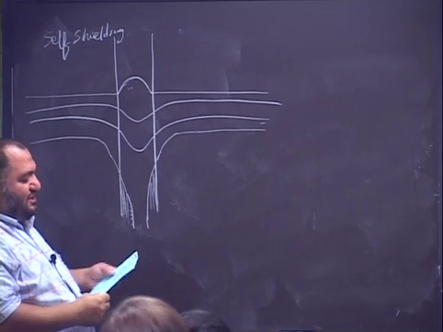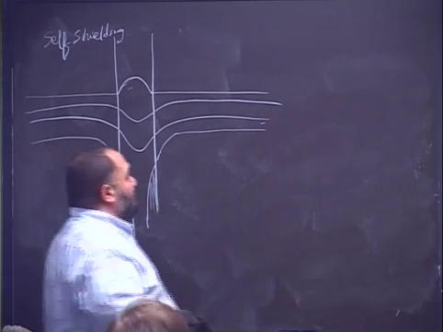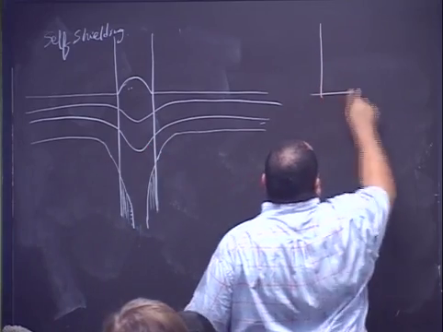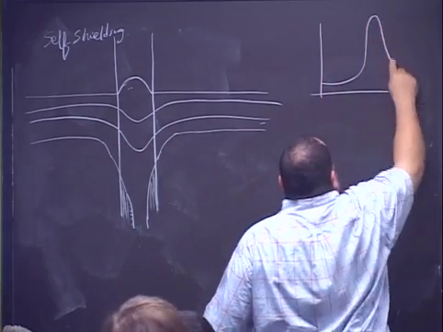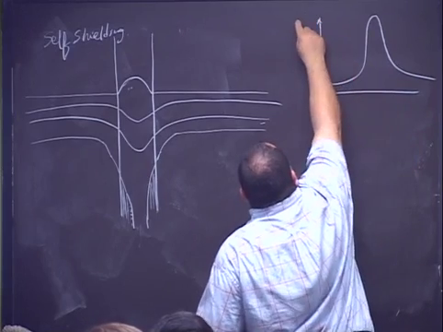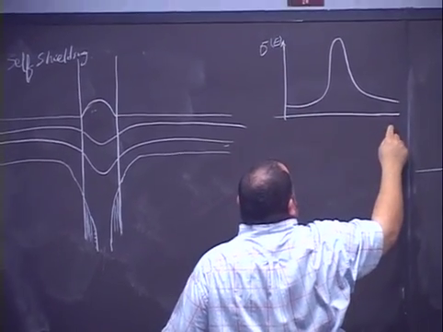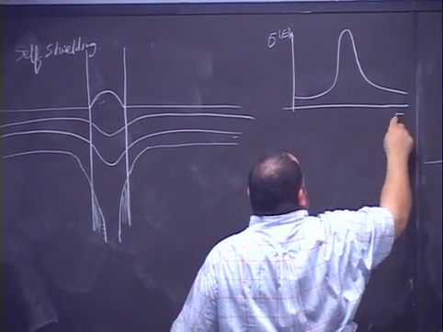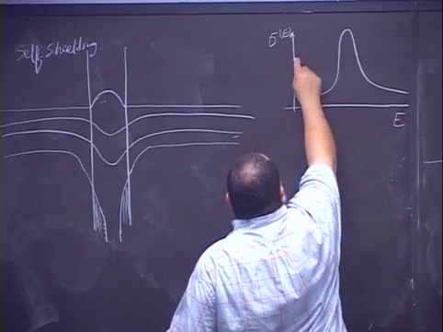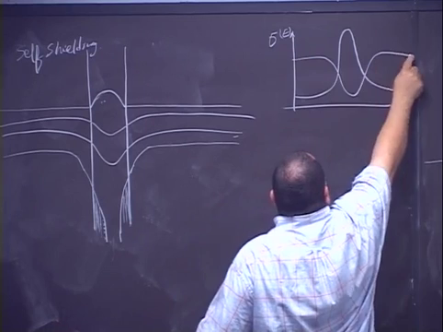The energy self-shielding is a similar phenomenon. Let's say you have a resonance like this, this is the cross-section sigma as a function of energy, and this is the energy axis. You will notice that your flux will be something like this. Why?